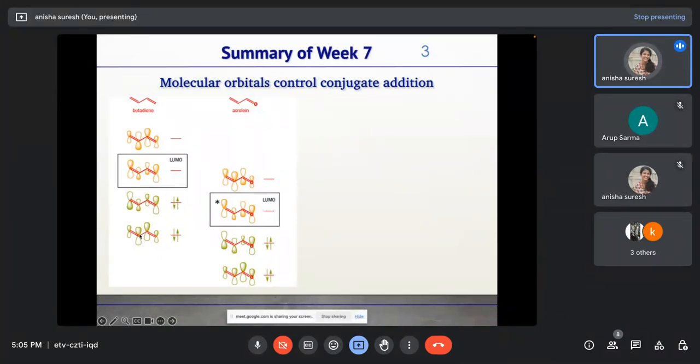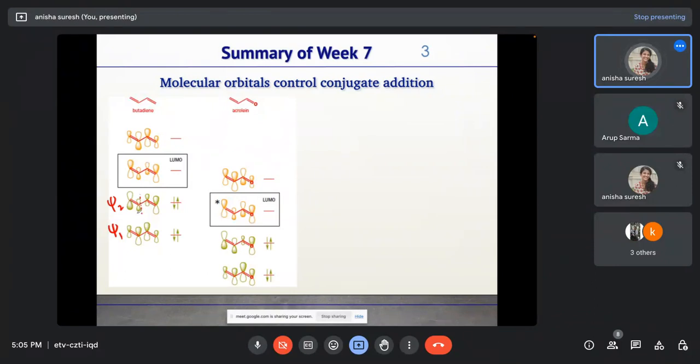First, the psi 1 orbital will have all the lobes similar. Then in case of psi 2, one second. So this is psi 1. Here there will be no nodes. All the orbitals will be of the same phase. When it comes to psi 2, here there will be a node.